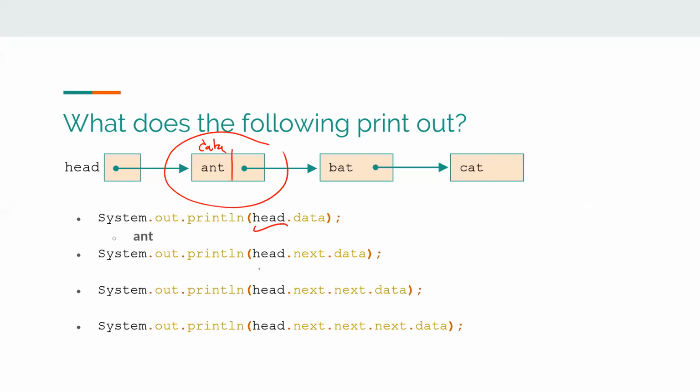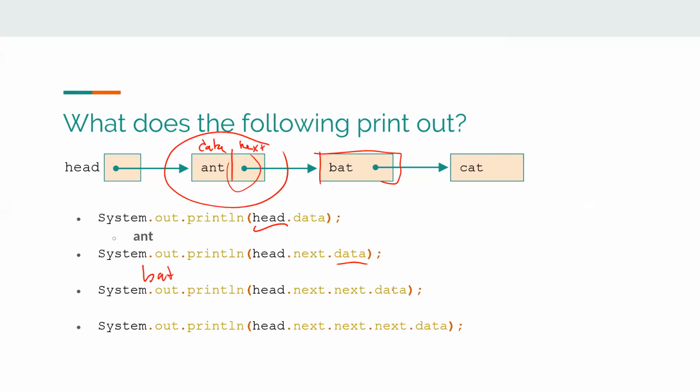If you say head.next.data, this is the next field of the ant node, right? So head.next is a reference to this guy, and then this guy is referring to the bat node. So then if you access the data field, you're going to see the word bat, right? And you can see how you can keep chaining these together.